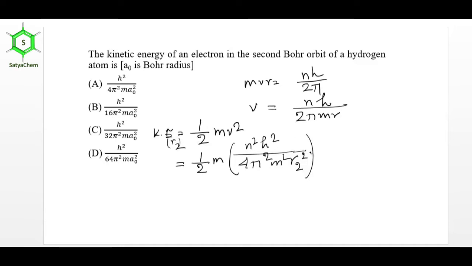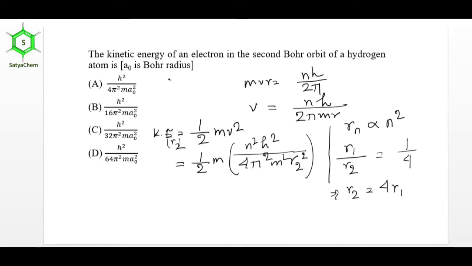Now Rn varies as n square. So R1 by R2 should be 1 by 4, means 1 square by 2 square, 1 by 4. Now R2 equal to 4 R1.